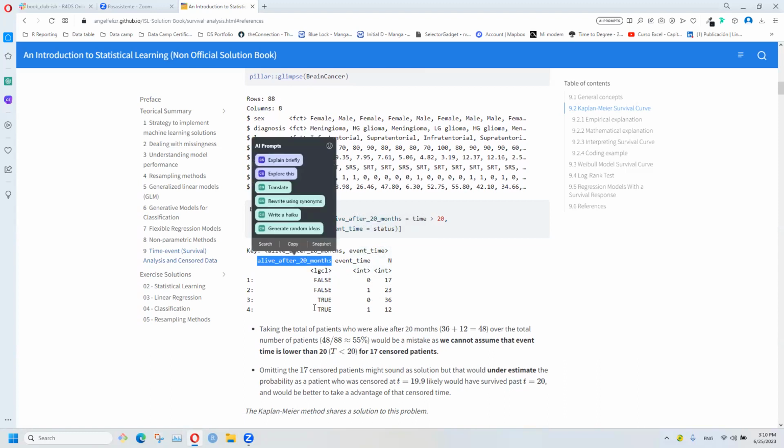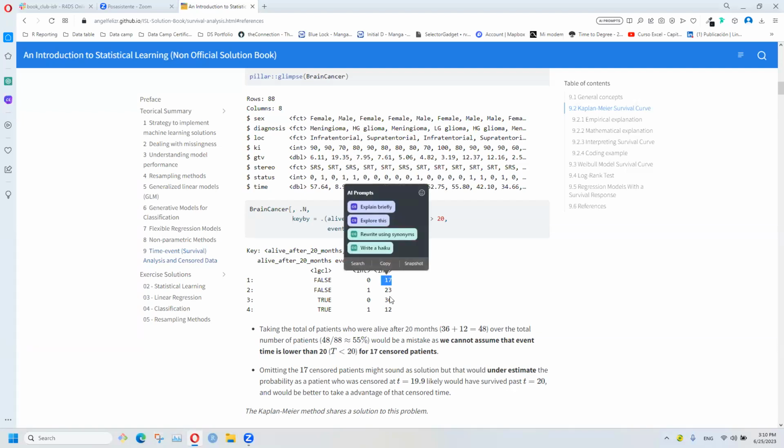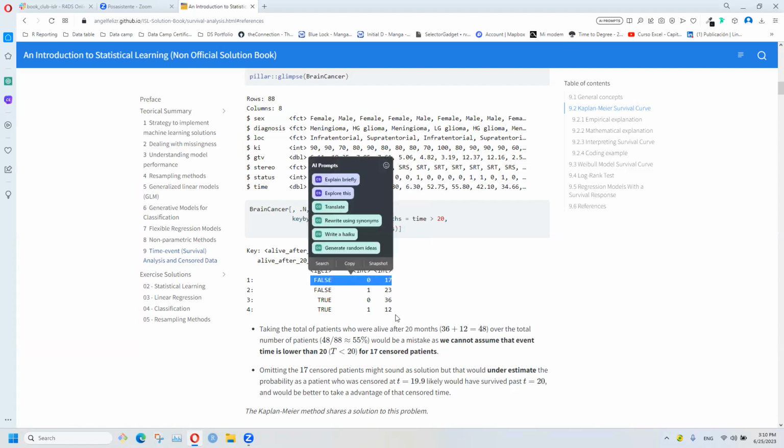So the event time is greater, and divide by the total. But that will overestimate our probability, as we cannot assume that these 17 really ended life at that moment.